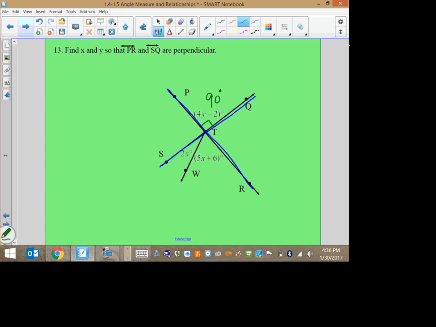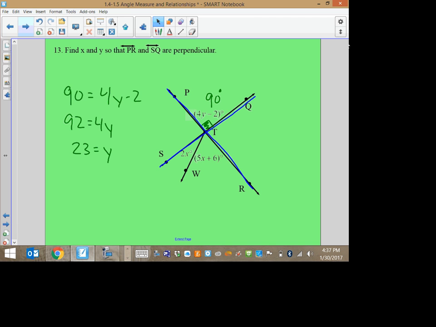We know that angle has to be 90 degrees, but we also know that it is equal to 4y minus 2. So what does y have to be? If we add our 2 over, we get 92 equals 4y. Divide by 4, we get that y equals 23. So if y equals 23, this angle is a right angle.